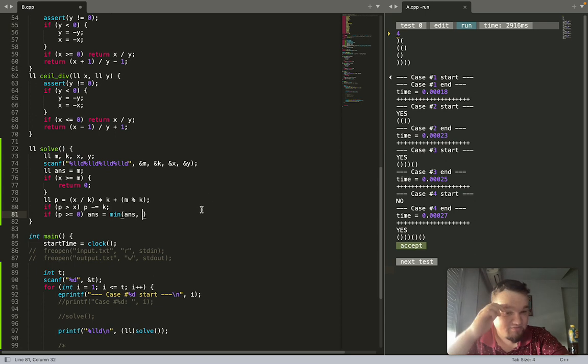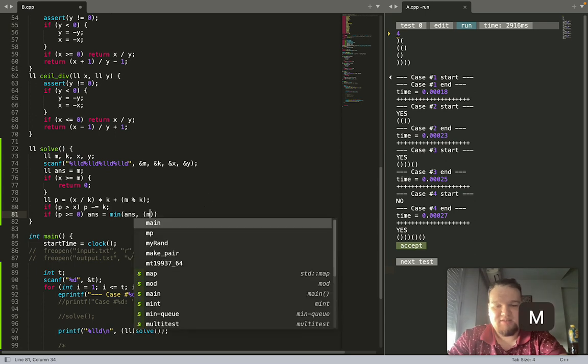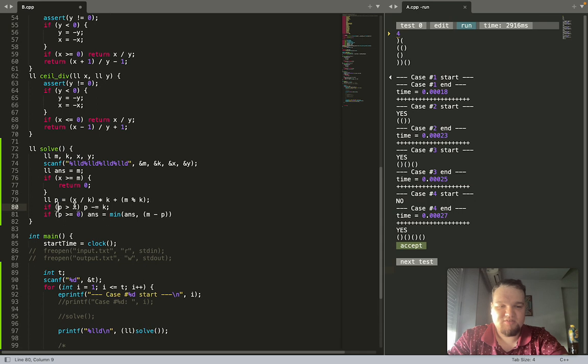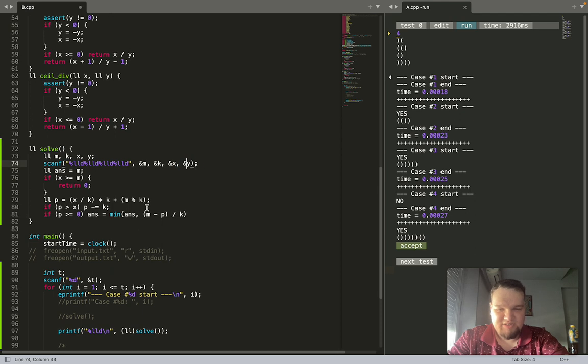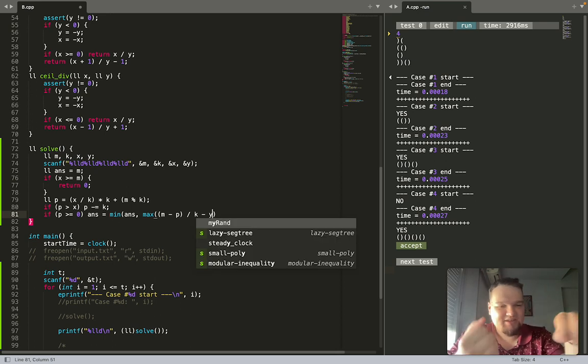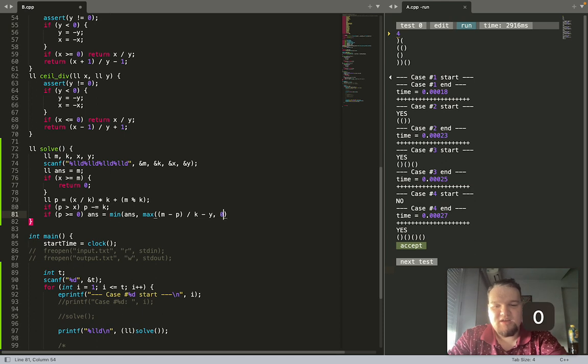How many coins that worth k I need? So I used p coins that worth 1. That's the rest of the price that I should pay. So the number of coins will be this divided by k. But I also have y non-fancy coins. And so minus y, but again, that can become negative if we have enough non-fancy coins to just pay everything. So I'm taking maximum with 0.